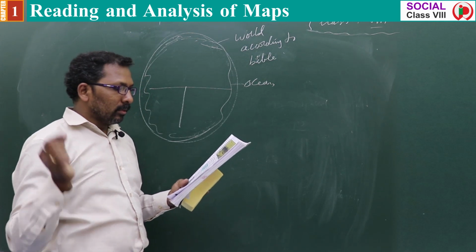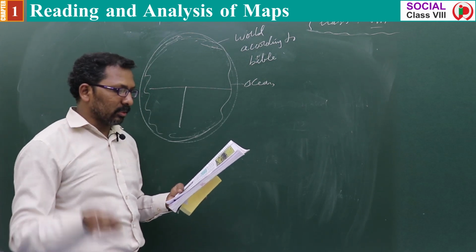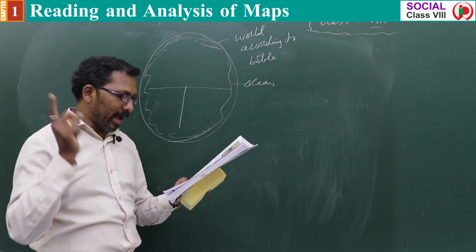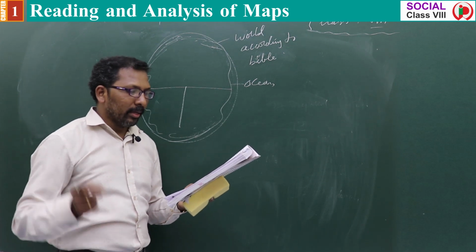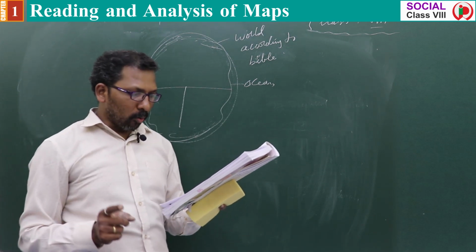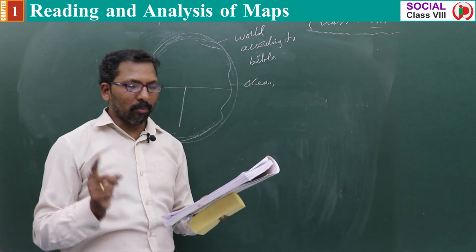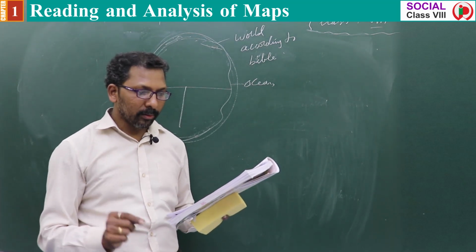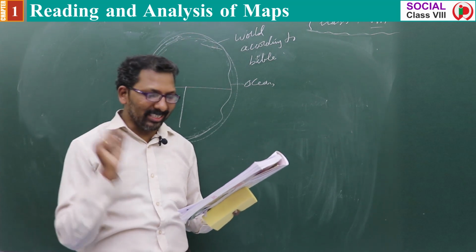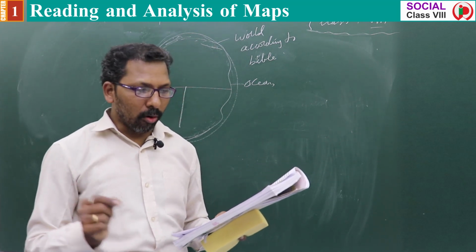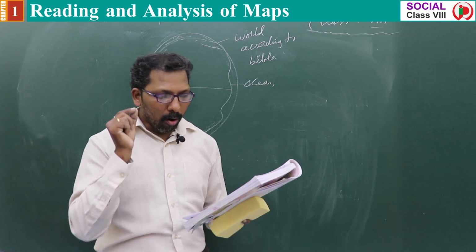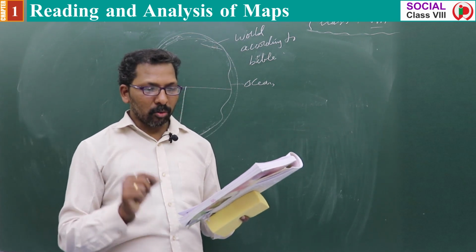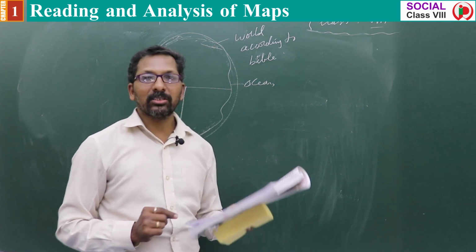In this, the world is divided into three continents: Asia, Europe, and Africa. Of this, Asia was considered the largest and the most important, as it had Jerusalem, which was the birthplace of Jesus Christ. It is therefore also shown on the top. Europe and Africa are shown on the bottom and in a smaller size.